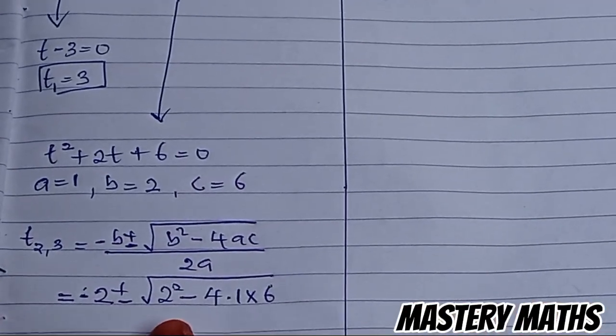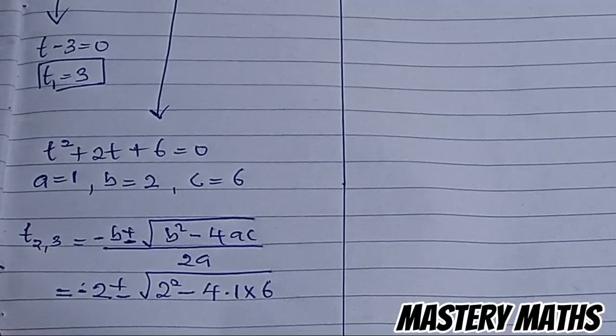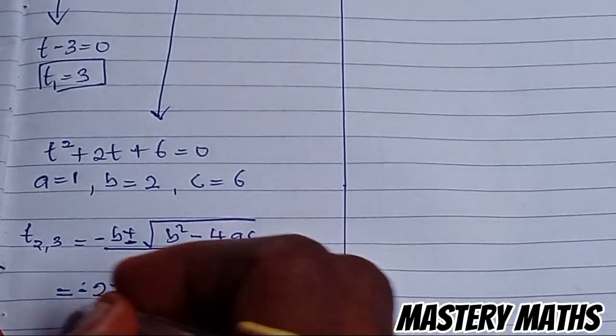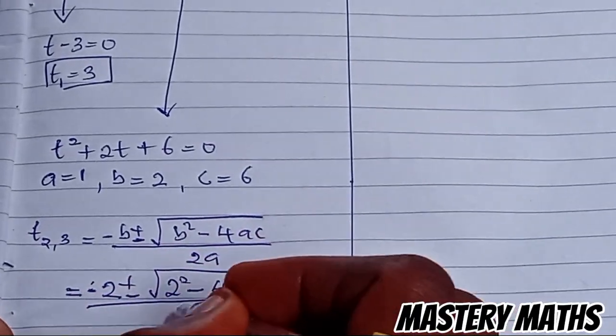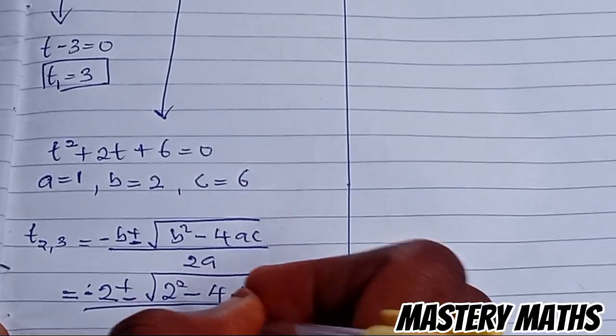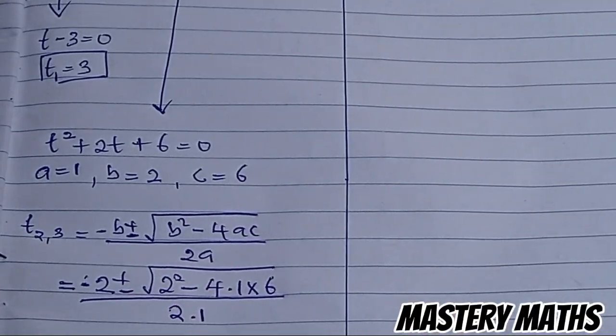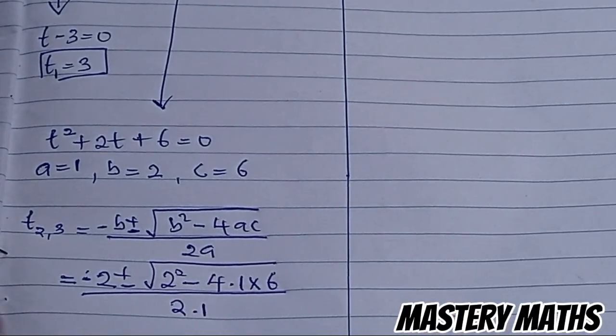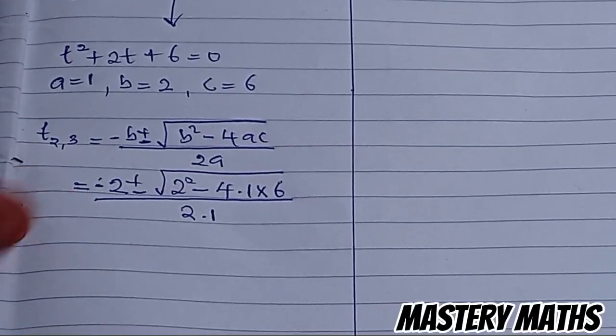See it now? Now, the next thing is going to be over 2 times a, which is 1. Now, what should be the next thing?